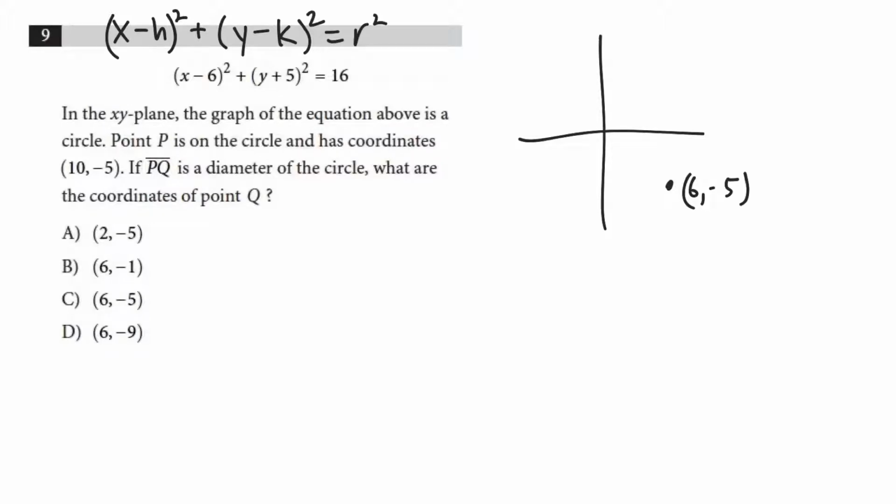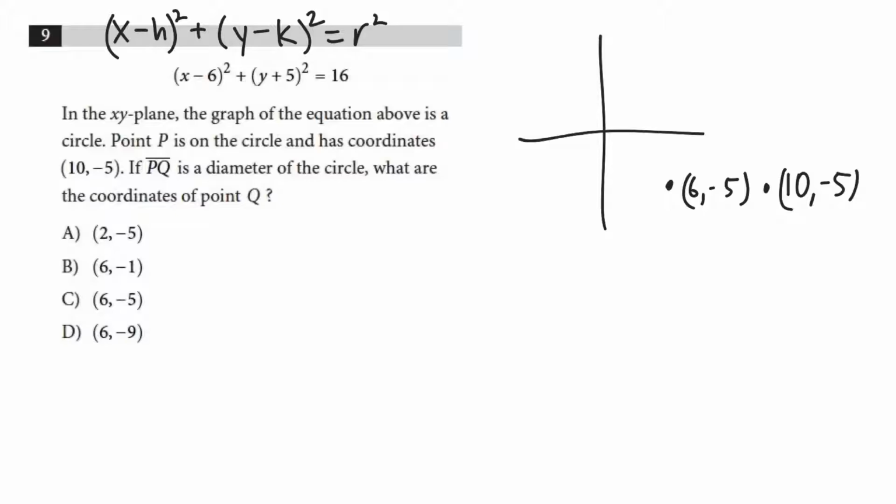Okay. And we know that 10, negative 5 is going to be right here, on the circumference. Well, that's horizontal with the center.